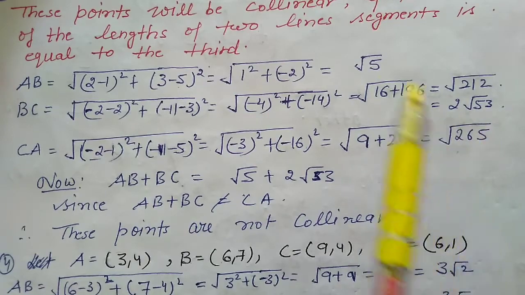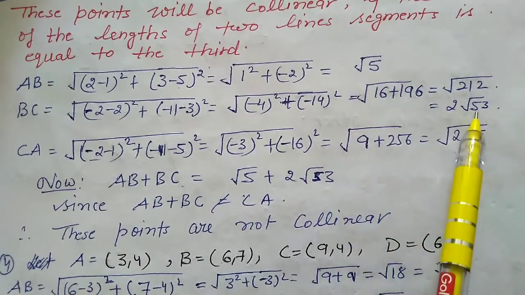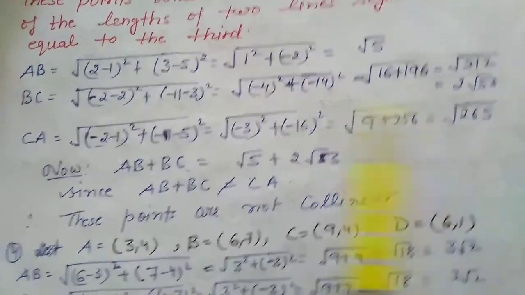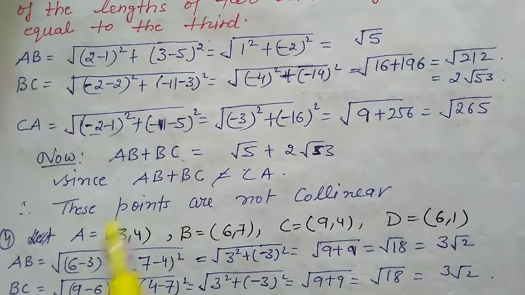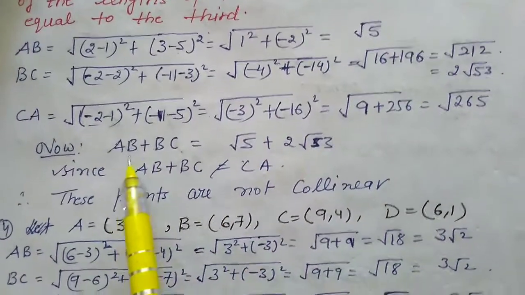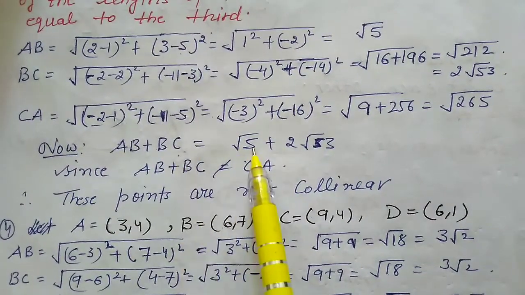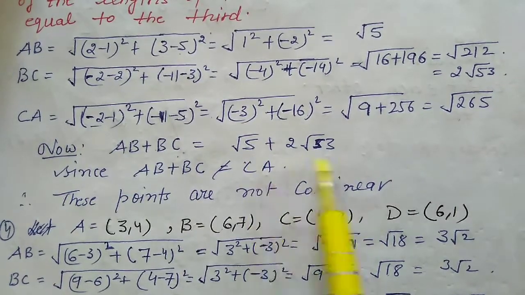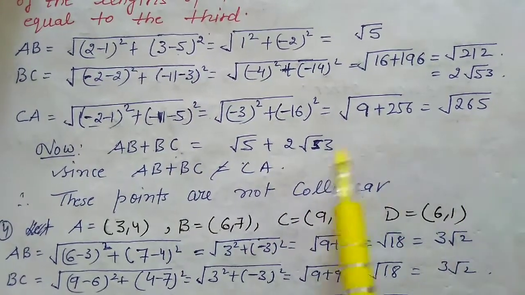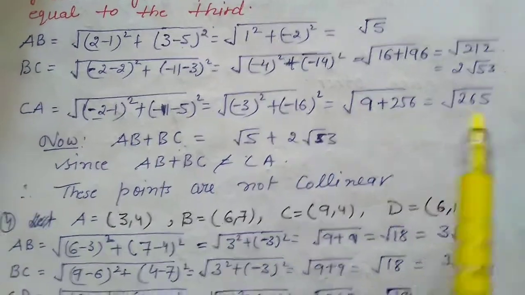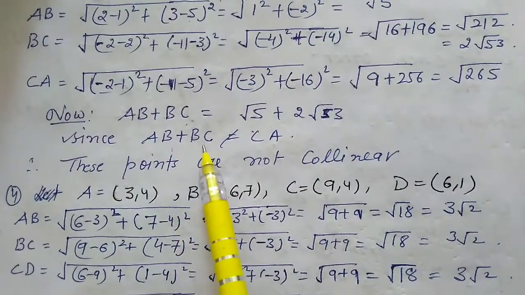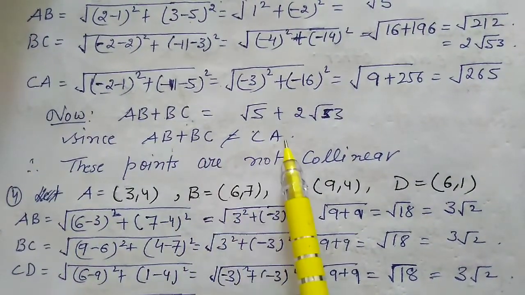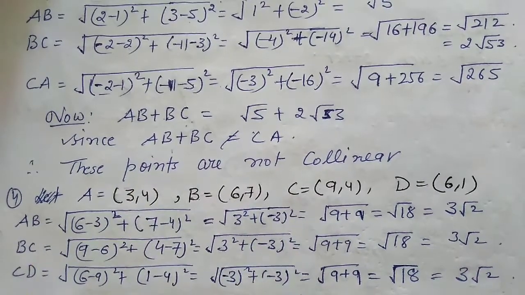We cannot add them because root 5 cannot be added to 2 root 53 directly. Suppose the sum of two sides, AB plus BC, is root 5 plus 2 root 53. We cannot simplify it, so this is not equal to under root 265. So since AB plus BC is not equal to CA, these points are not collinear.